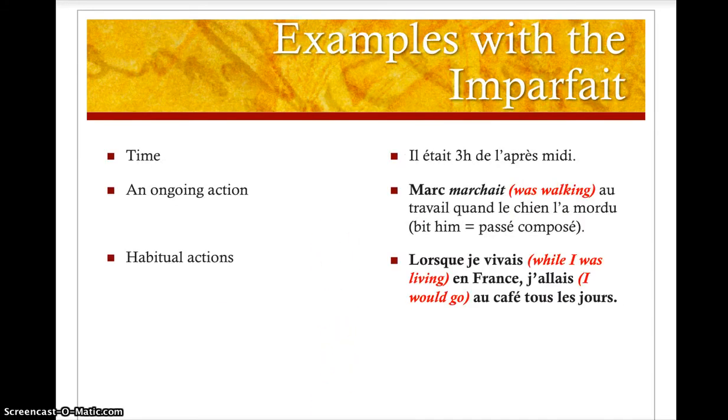Il était 3 heures de l'après-midi. An ongoing action, Marc marchait au travail quand le chien l'a mordu. He was walking. I'm going to bring this up a little bit later. But right now, keep in mind, when you have that was-ing or were-ing, it's going to be normally the imparfait.